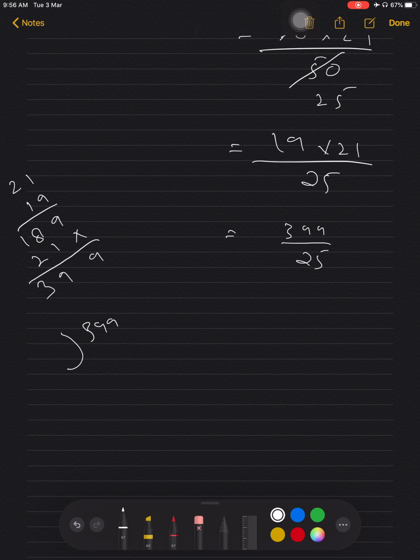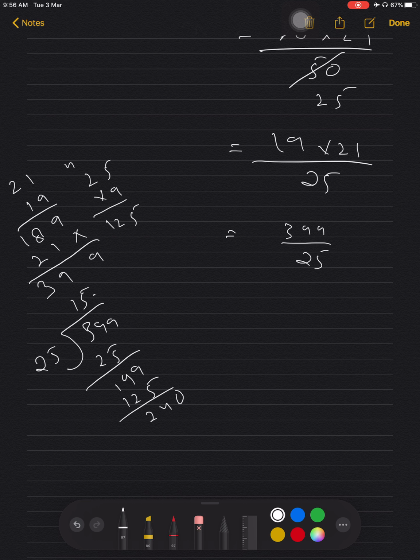Now when you divide 399 over 25, 25 nines are 225. So the cost is $15.9.